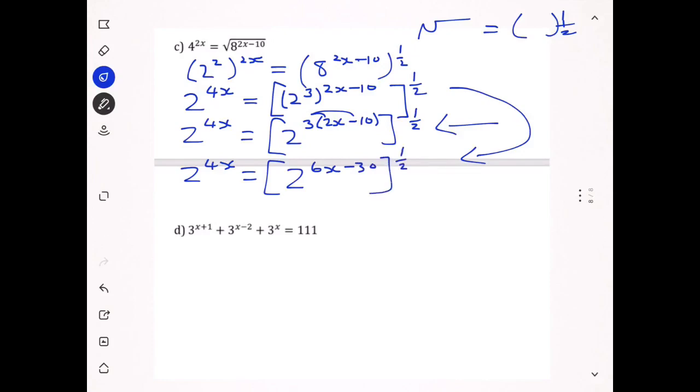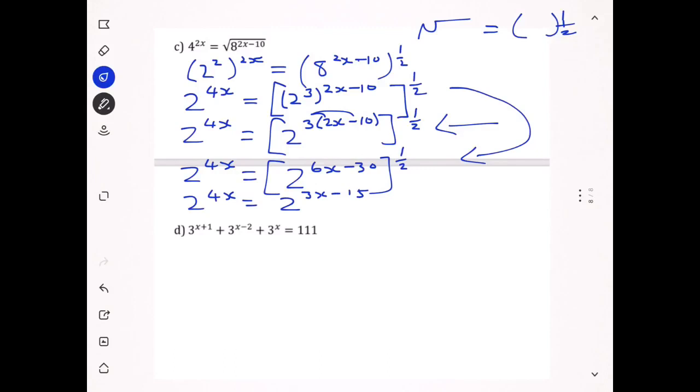Our next step will be to get rid of this bracket on the right hand side by timesing in that half. 2 to the 4x equals 2. Half of 6x would be 3x. Half of 30, 15. So minus 15.